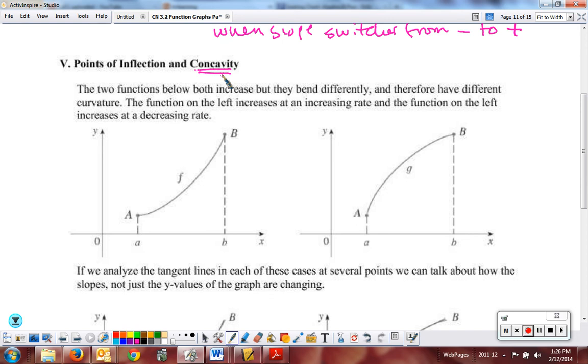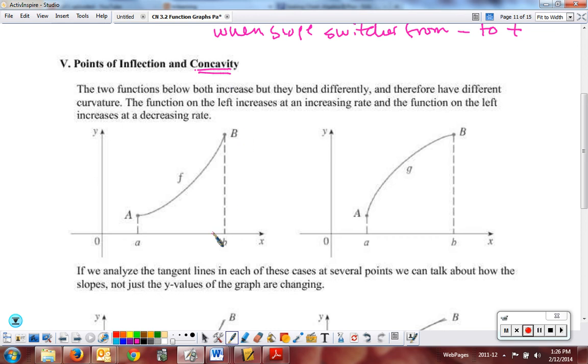If I was looking at a function like this, what's happening as I go through this function? At each point, am I speeding up or am I slowing down? I am speeding up. It's getting more and more steep as I move along.